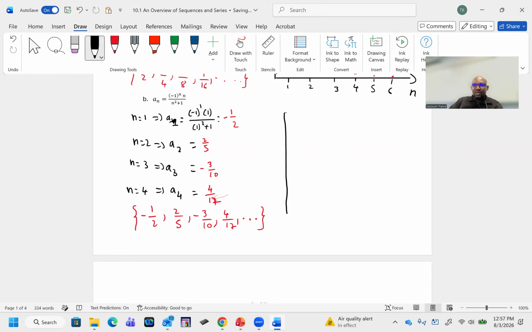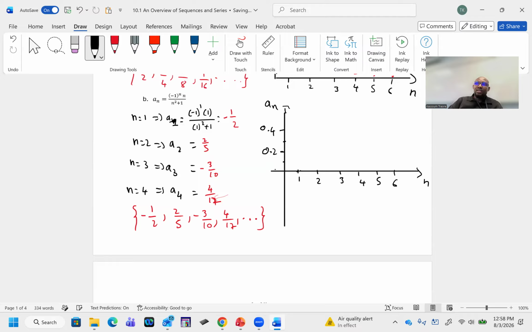First thing, I would sketch my number line. A sub n, 1, 2, 3, 4, 5, 6.